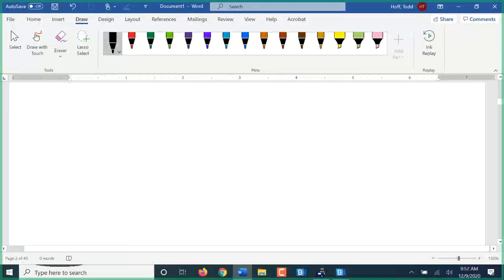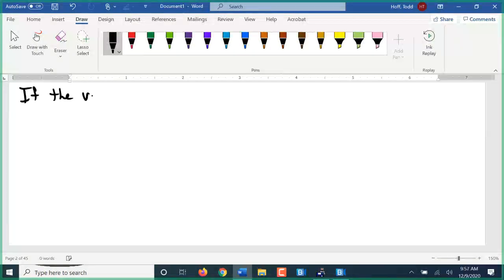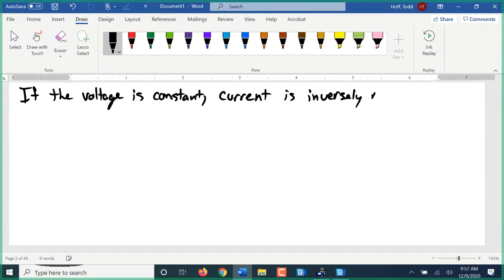Back to our electronics. Let's say if the voltage is constant, current is inversely related to resistance.